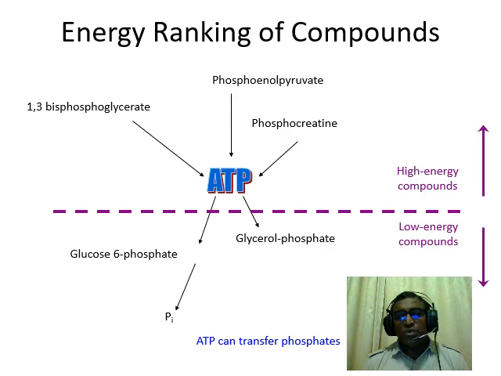So it's just to show what is highly ranked in terms of energy, and what is ranked lower, and in the middle ATP. So ATP is a good coupler for reactions from exergonic to endergonic.